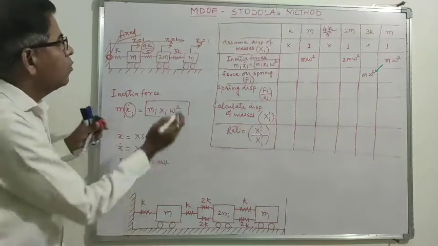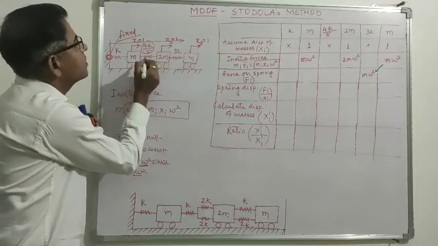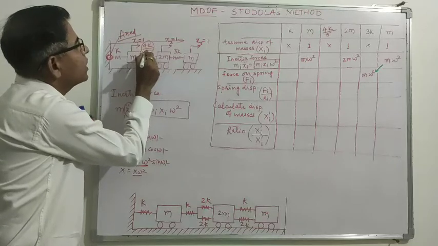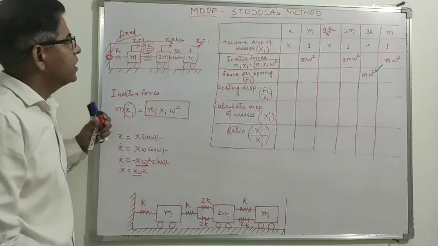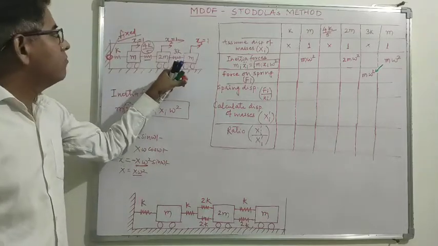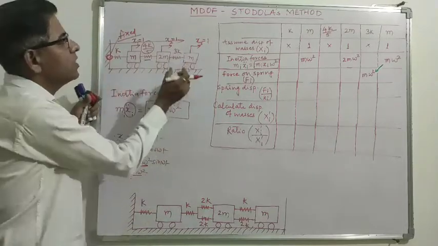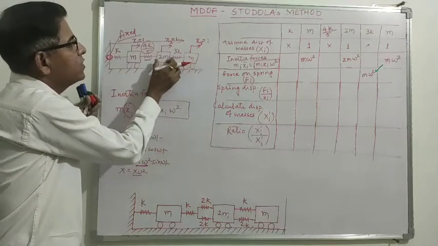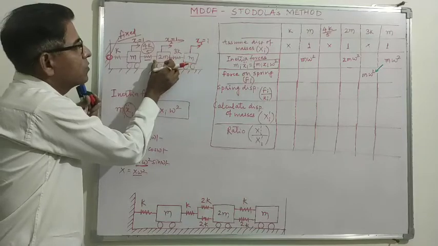Now the spring force at 4k upon 5, the second spring. How much force is acting on this? It is nothing but the inertia force of mass m and the inertia force of the second mass.